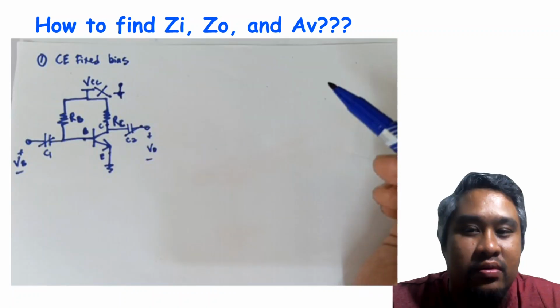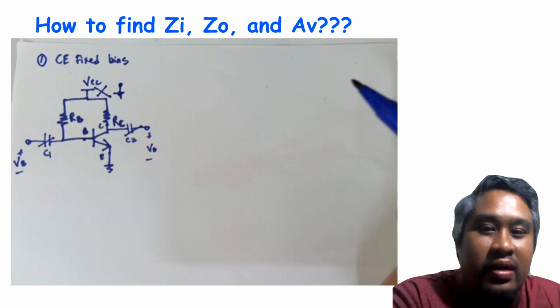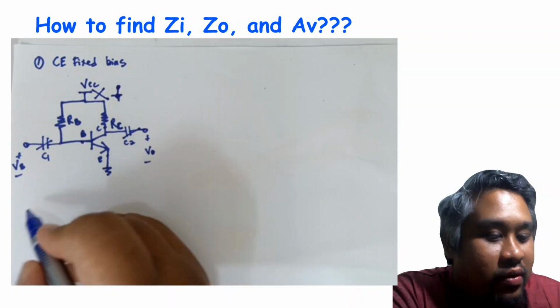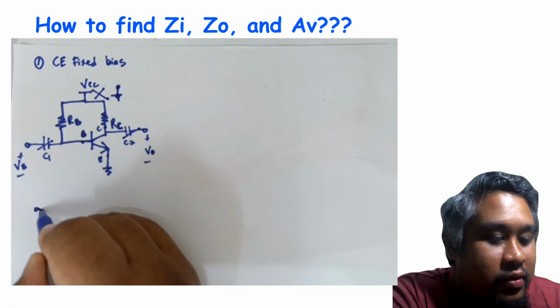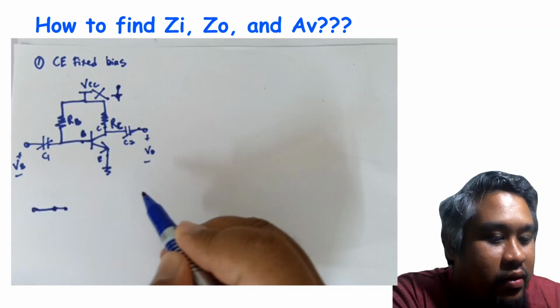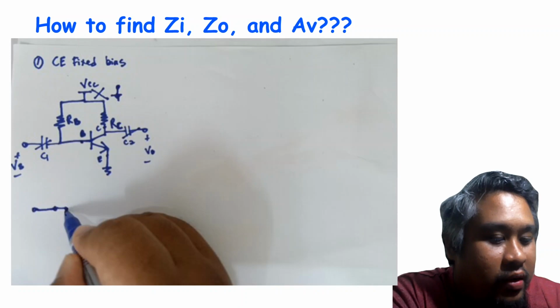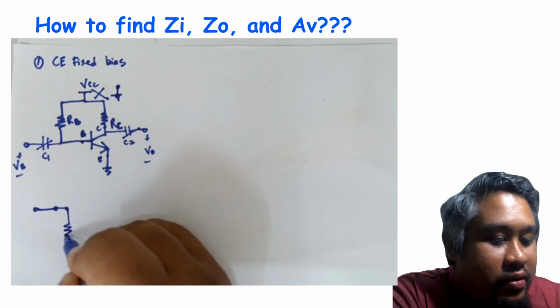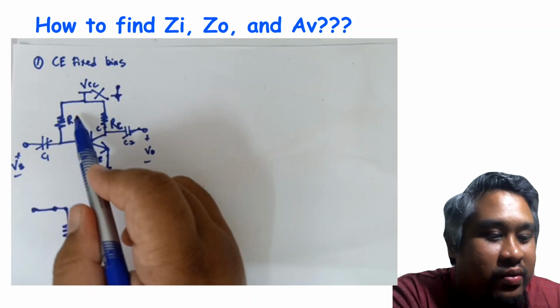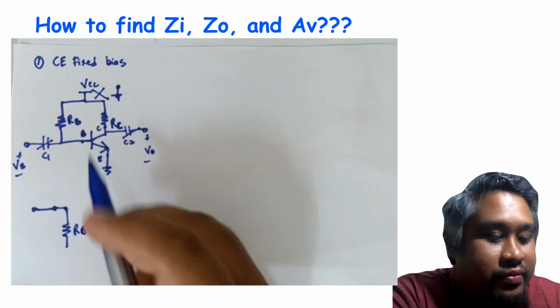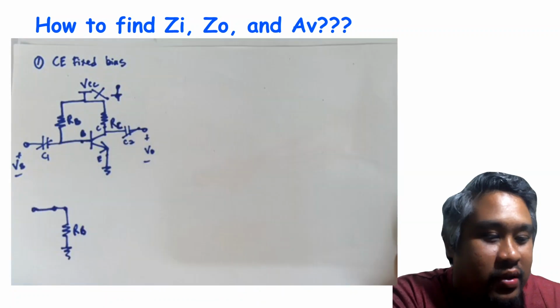Let's do it. Now we have this with short circuit, and then we have RB here, because we have replaced VCC with the ground, so we directly draw it here.